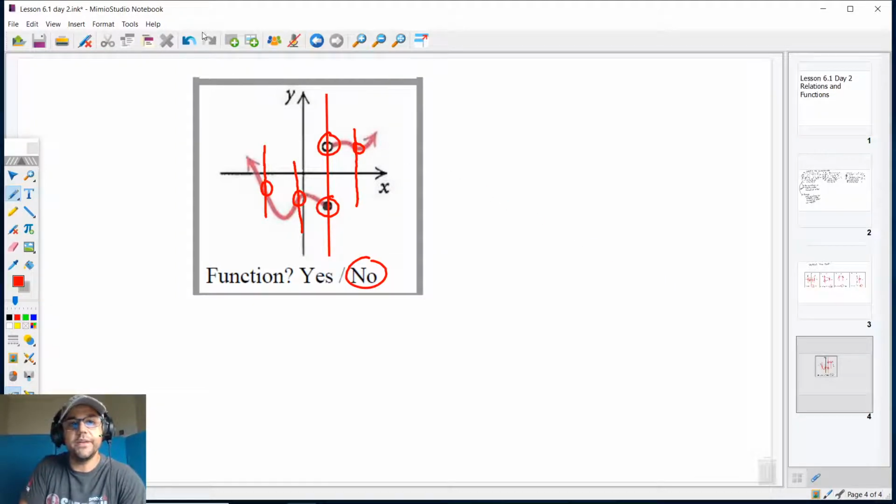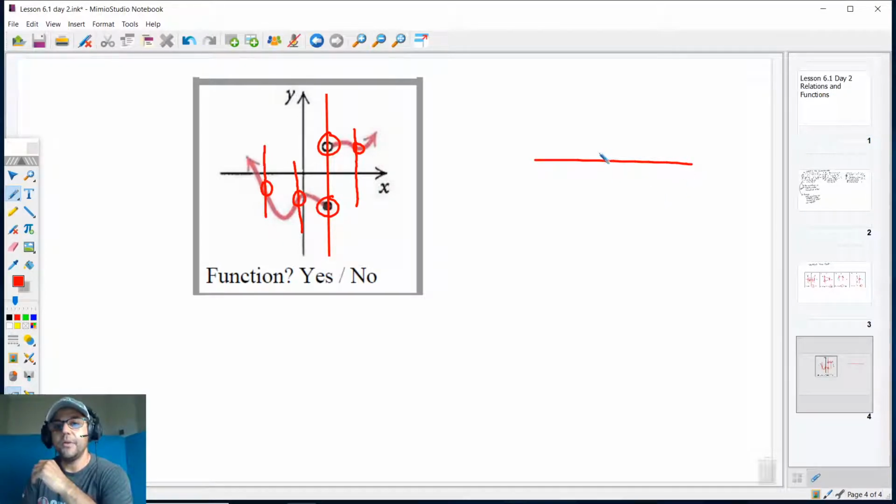But I'd like you to notice this special scenario because there is an open dot there. So it means if you have on your vertical line test an open dot, that is not actually part of the information. Now, if you remember back with your inequalities, with your number line, let's say we had a number line here. Remember when you learned about a closed dot and an open dot?